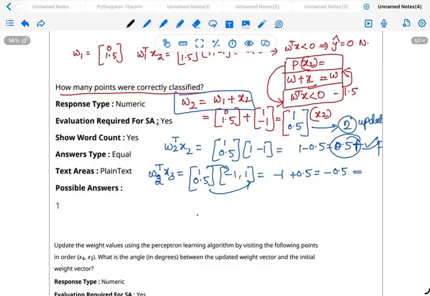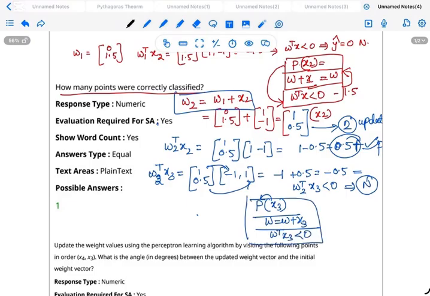That means W2 transpose X3 is less than 0, that is negative. But the data point X3 is originally positive, so we update W equal to W plus X, with X3.